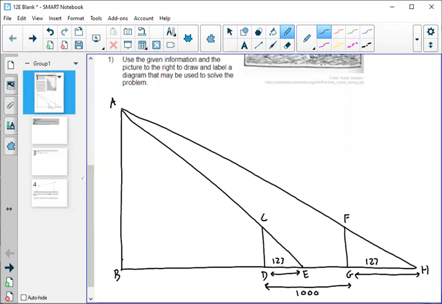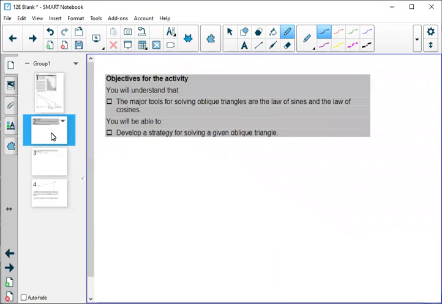And this, of course, is a right triangle. And the poles, they were 5 tall, so that will be a 5. And that's 5. So let's go to the next screen.